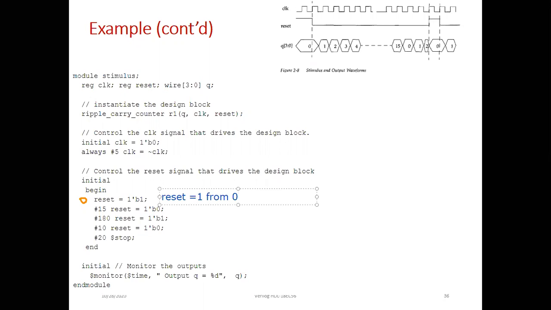From 0 to 5 actually. That reset 1 is from 0 to 5. Not only 5, I can say even 0 to 15. Let me write as 0 to 15. Reset is 1 from 0 to 15.